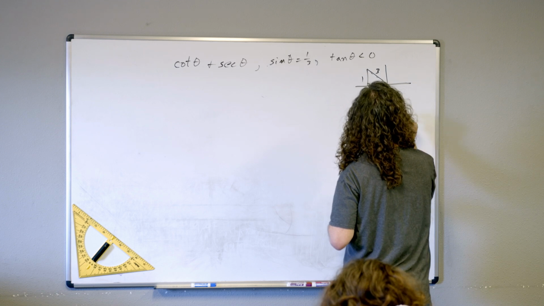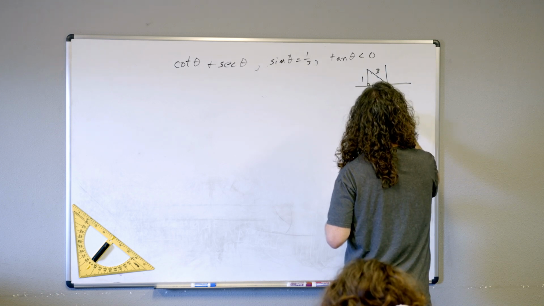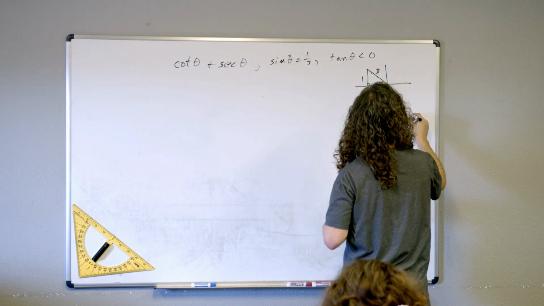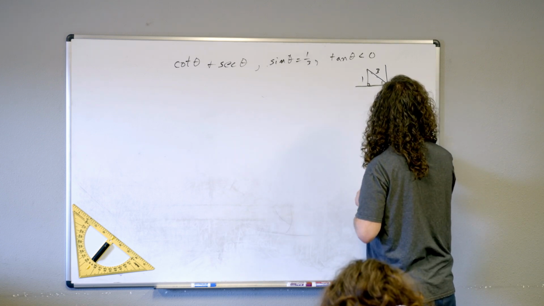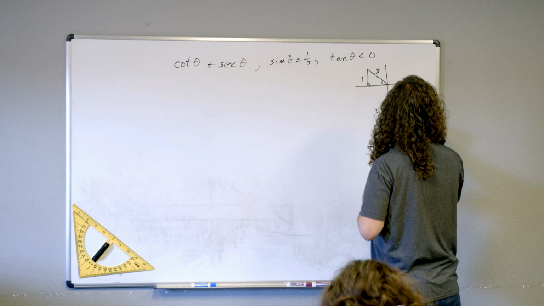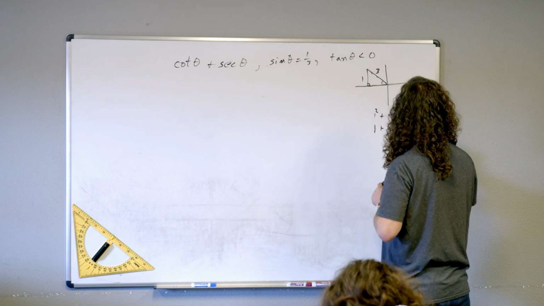1 squared plus x squared equals 3 squared. 1 squared is 1. 3 squared is 9. We subtract 1.